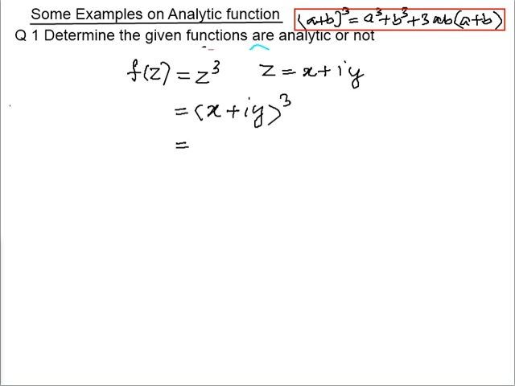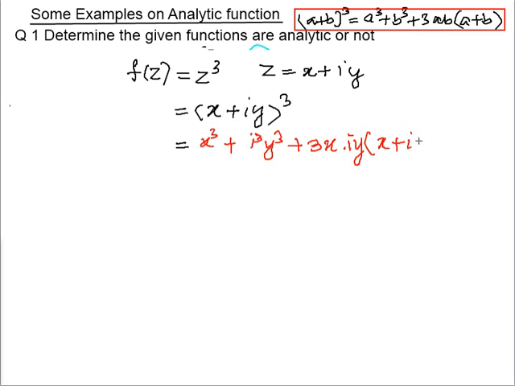When we open, this gives x cube plus iota cube y cube plus 3x into iota y in bracket x plus iota y. Clear? When we simplify it, we will rearrange it.